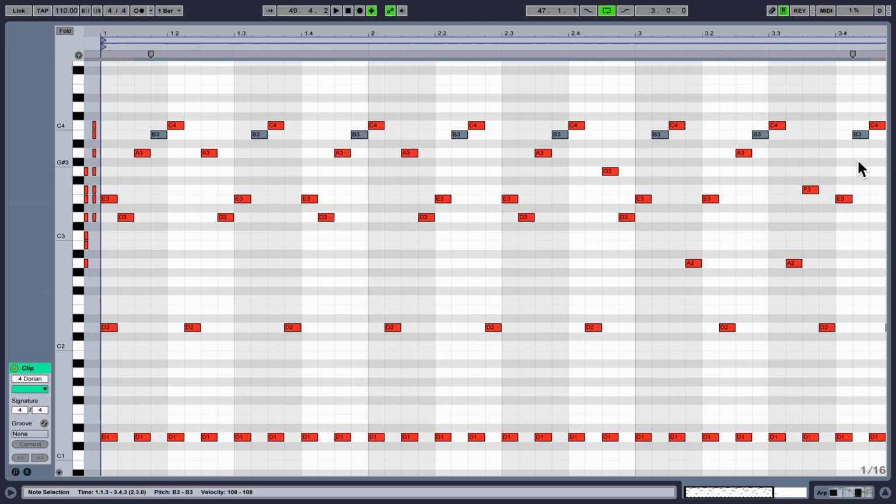Let's play it back again. Okay, so if we want to work with D Dorian and we want to make sure we put in the Dorian character, we should put in this note, because if we take it out, we are missing the essential piece of this mode. Everything else will be just the same as a normal minor.